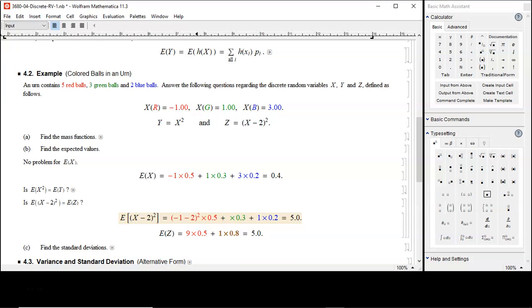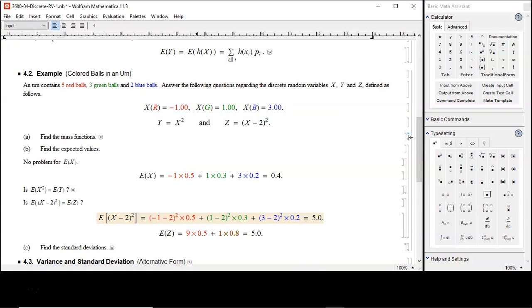And this one, positive 1 minus 2 squared, that's for green ball. And then this one is 3 minus 2 squared. And then this is 9. And this is 1. Either way you get 5.0.